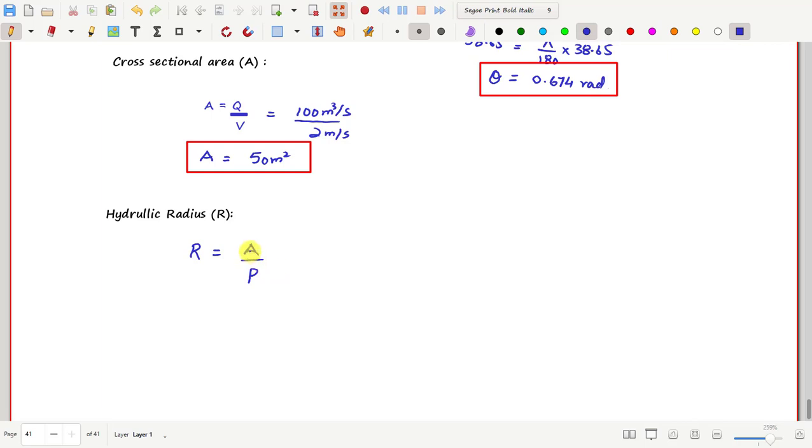But we have the area, but we don't have the wetted parameter. So the problem is here, we need the wetted parameter to find the hydraulic radius using this formula.